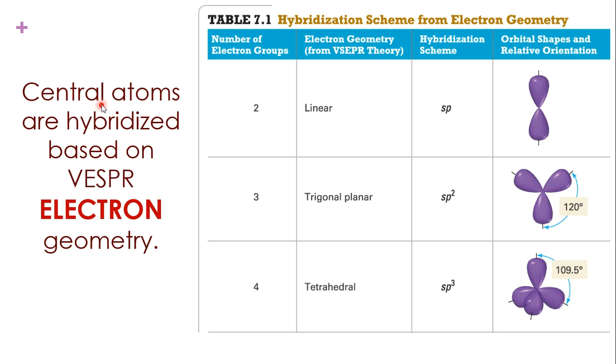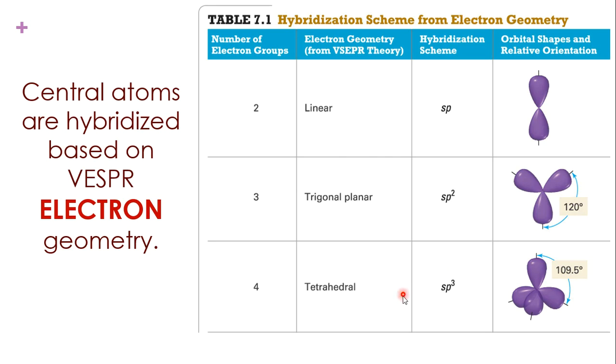Central atoms are hybridized based on VSEPR electron geometry. So what this statement is telling us is that if you are seeing a pattern between hybridization and the geometry that we talked about, you're not crazy, you're absolutely correct. So sp hybridization will always be linear. sp2 hybridization will always be trigonal planar, and sp3 hybridization will always be tetrahedral.